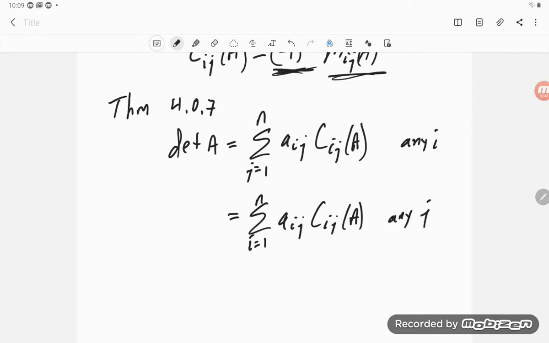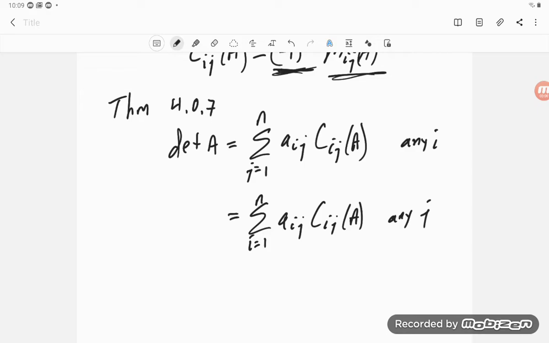Okay, so I can expand about any row or column. And again, it's just our original definition of determinant along any row or column, and we've just absorbed that -1 to the i plus j power into the minor aspect and called it a cofactor.